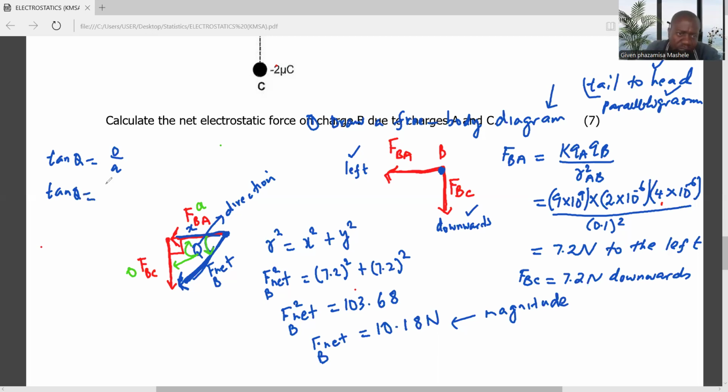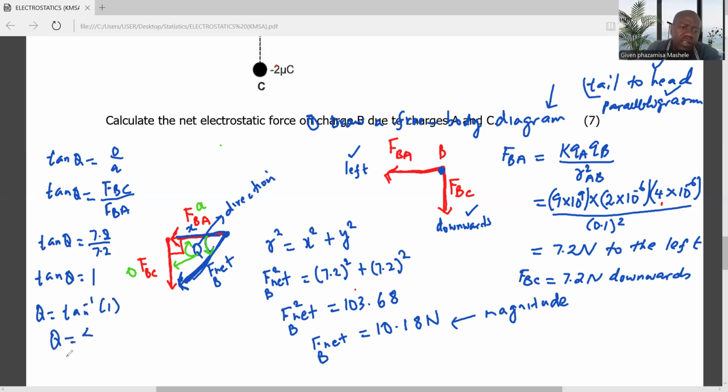The opposite will be the force on B due to C, and the adjacent will be the force on B due to A. And since these have the same magnitude, our angle will just be 45 degrees, but let's just show it. Tan theta is 1, so theta will be the second function, tan inverse of 1, so the answer becomes 45 degrees.